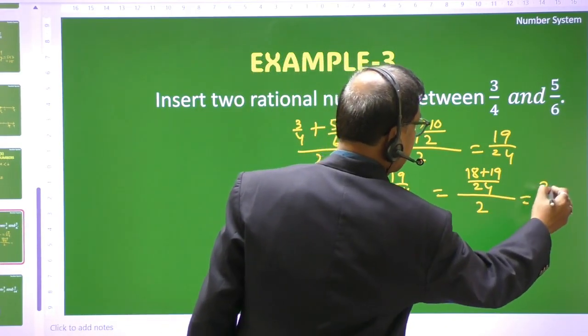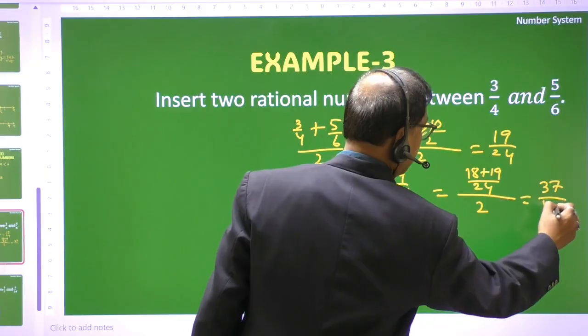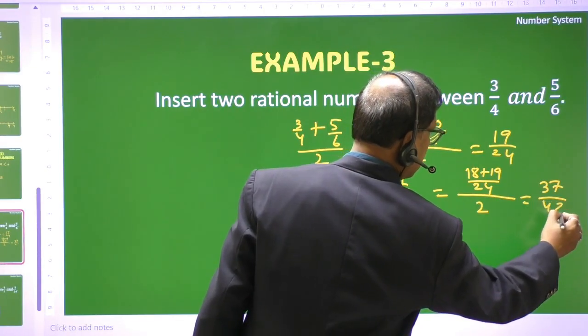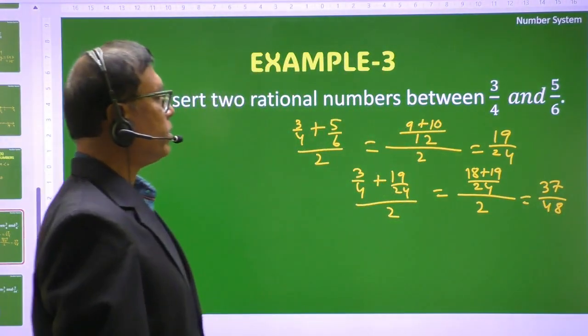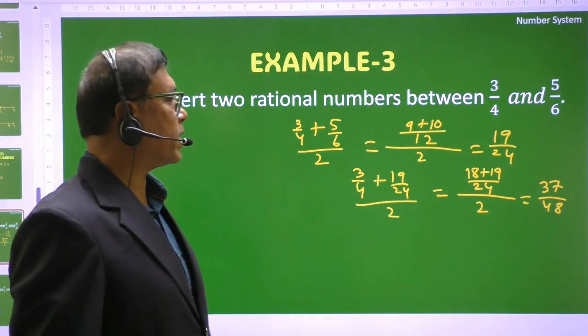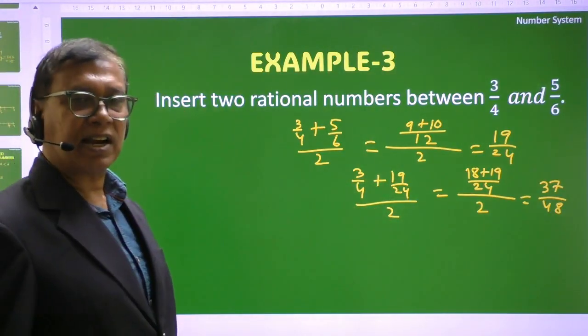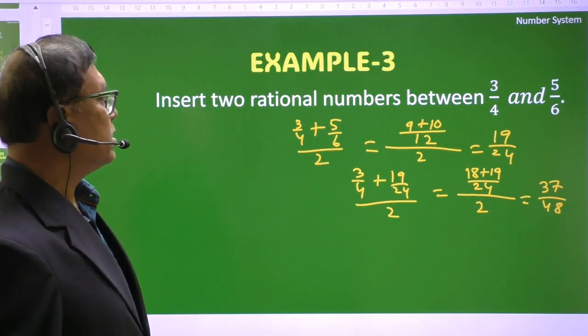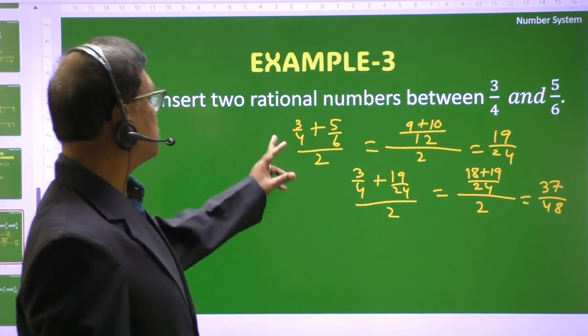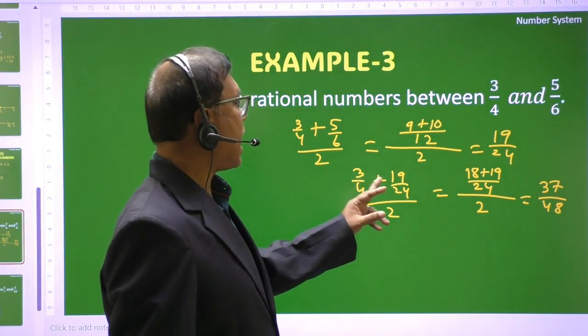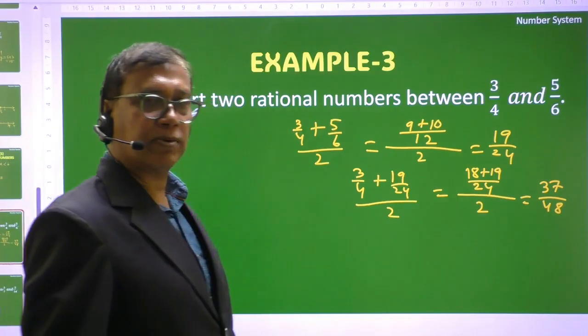So 37 upon 48, yes, 24 into 2. So 37 upon 48 is another rational number which is inserted between 3 by 4 and 19 by 24.